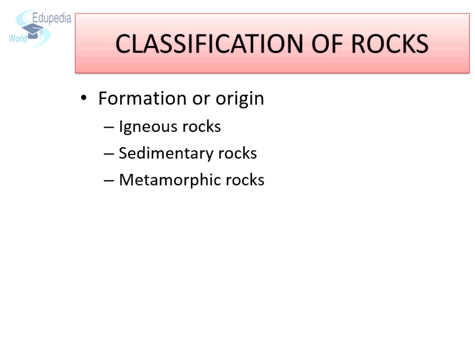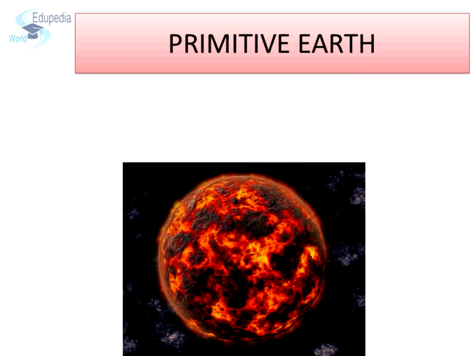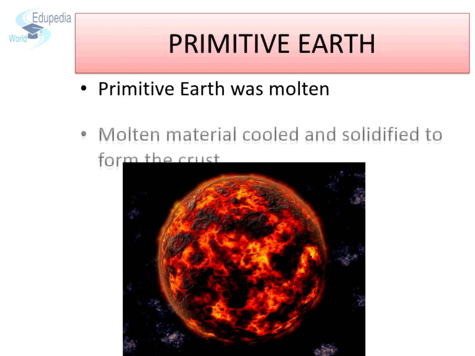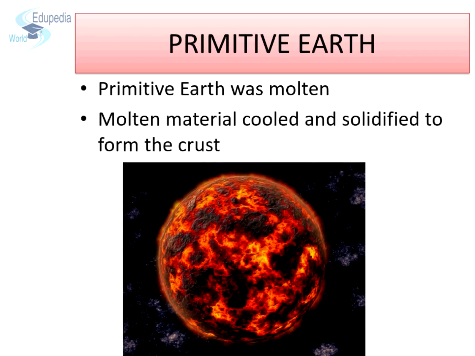As we all know, the primitive Earth was a huge ball of molten rock matter. Exposed to the relatively cooler space, gases began to escape and it started cooling from outside in. This resulted in the formation of a rocky outermost layer that we know as the crust.